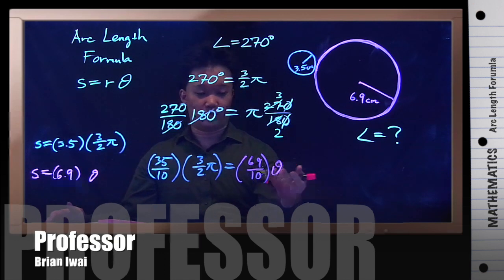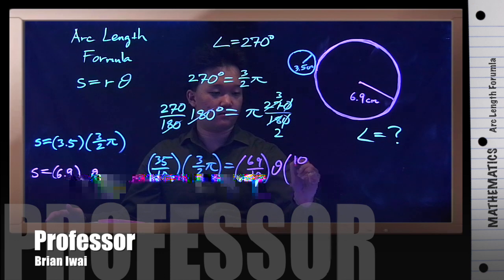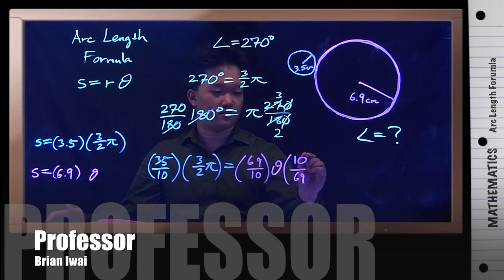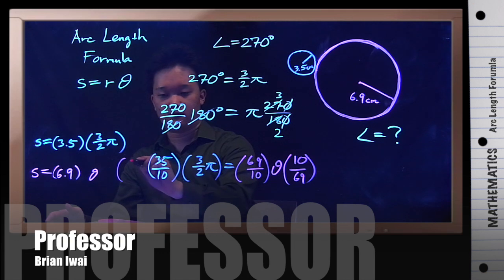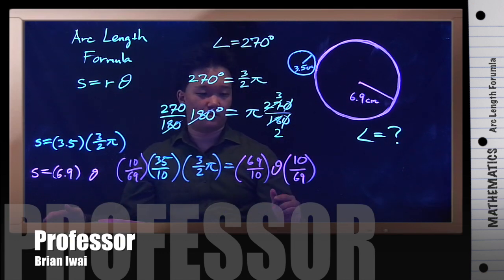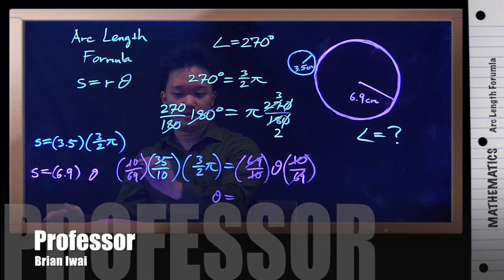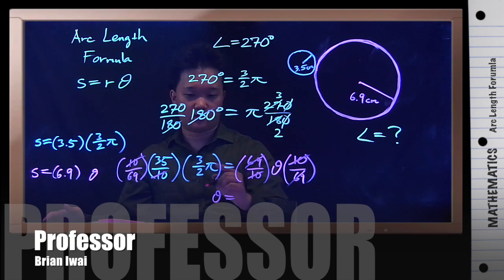Now we want to solve for theta, so I'm going to multiply both sides by the reciprocal of this fraction, 10 over 69. By doing that, 10 and 10 cancel out, 69 and 69 cancel out. I'm going to have theta equals 35 over 69 times 3 over 2.